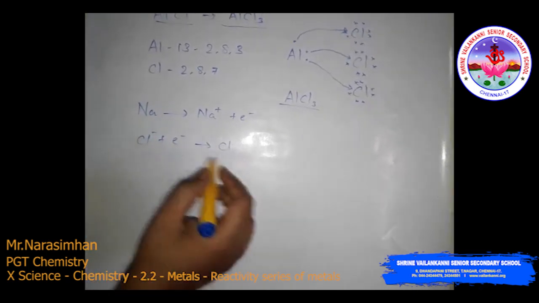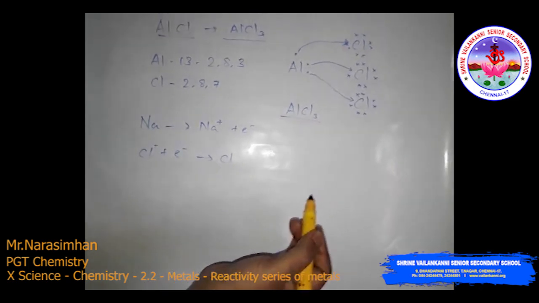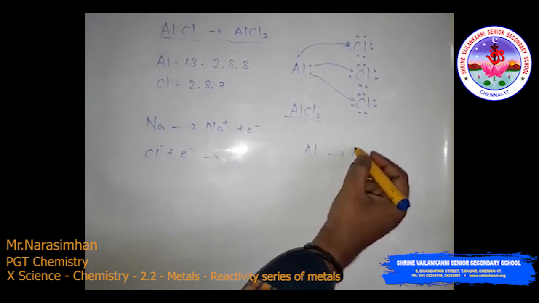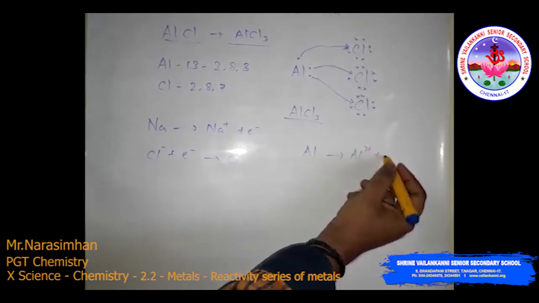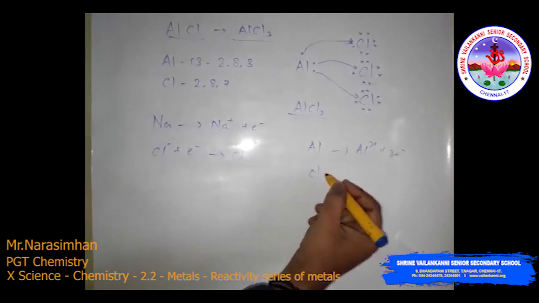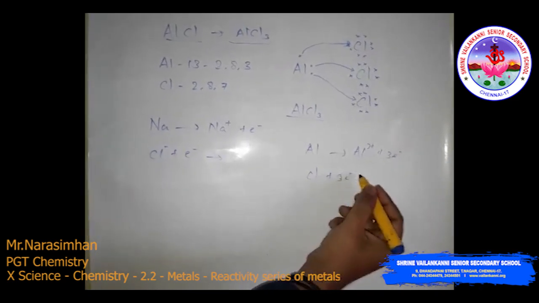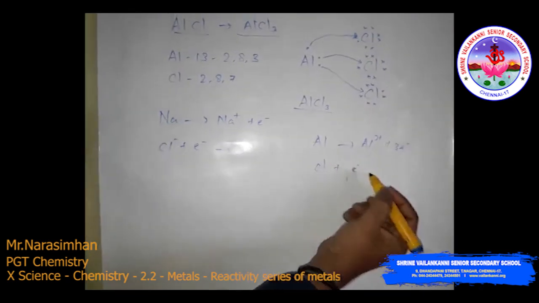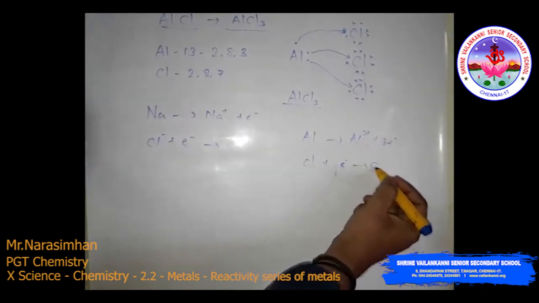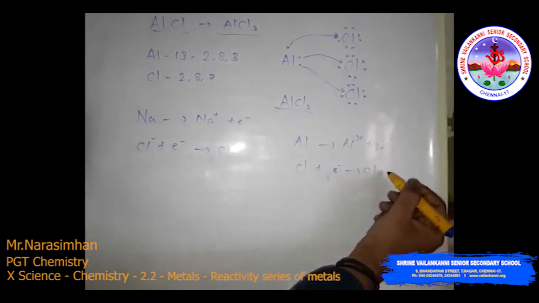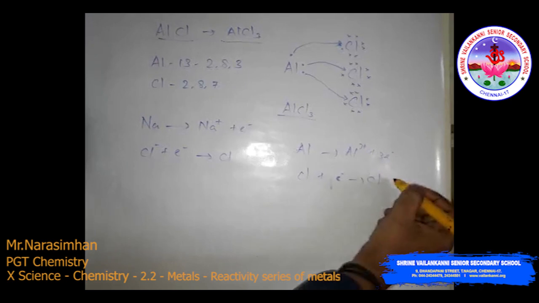In a similar way, aluminum gives Al3 plus, that means 3 electrons lost, and chlorine gains electrons.